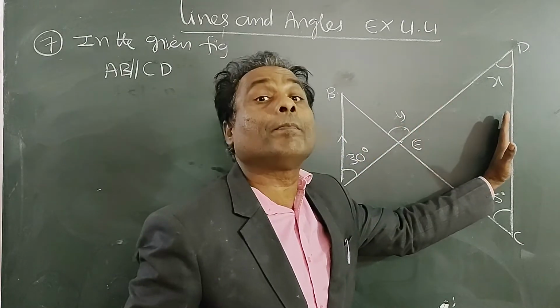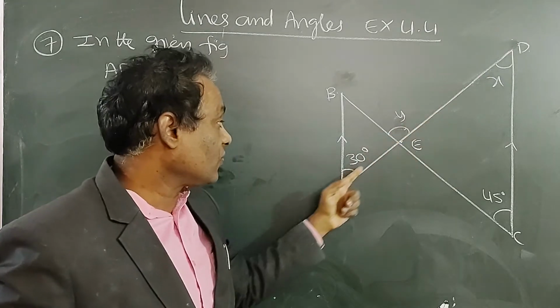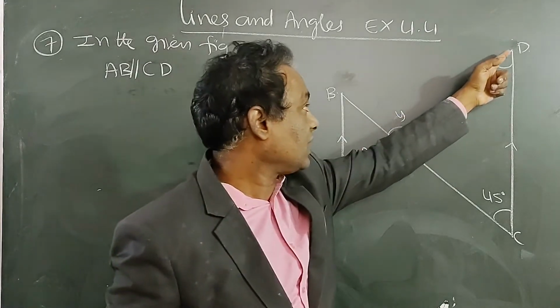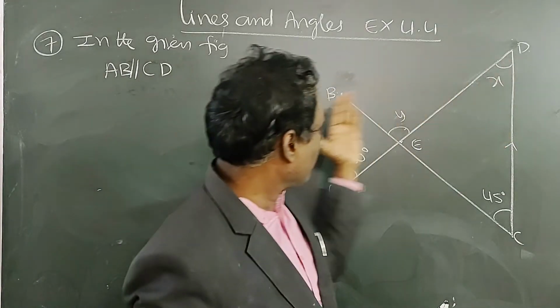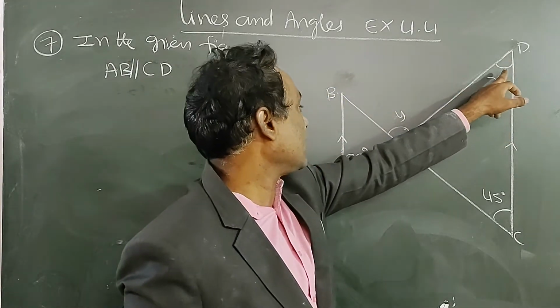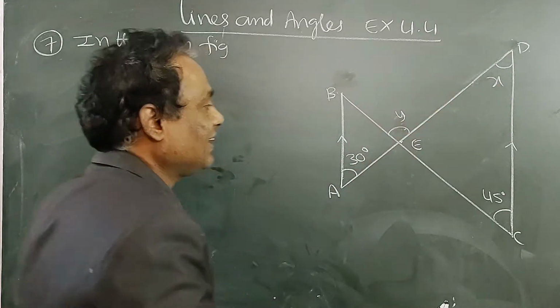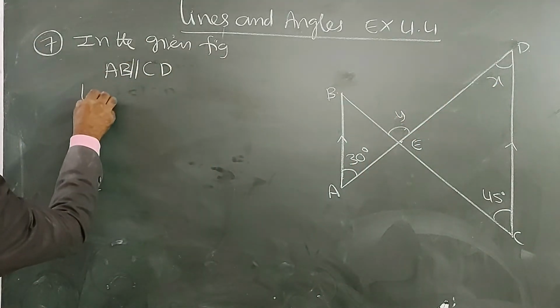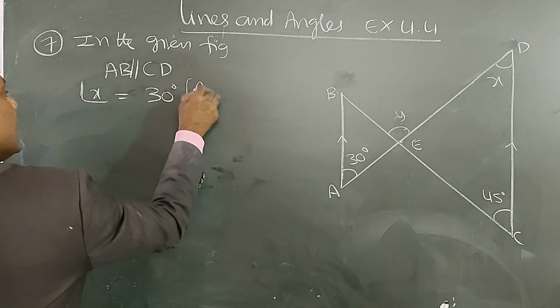Transversal means these two angles are between the parallel lines on opposite sides. One is this side, one is this side. These are alternate angles. Angle x is equal to 30 degrees, alternate angles.